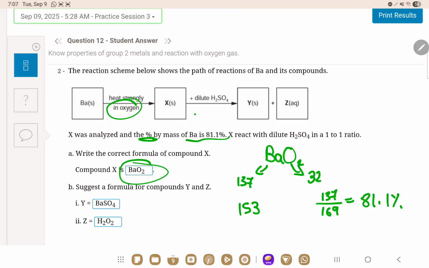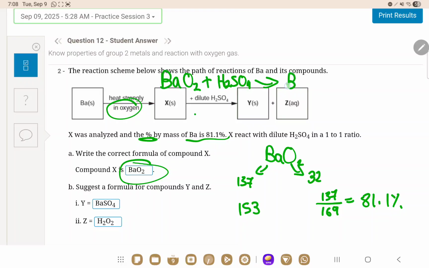Now to get Y and Z, you have BaO2 reacting with dilute H2SO4. What are your products going to be if one is a solid and one is aqueous? We know that barium sulfate is insoluble, because sulfates are insoluble with barium, calcium, and silver.